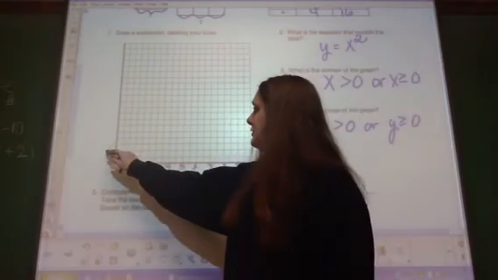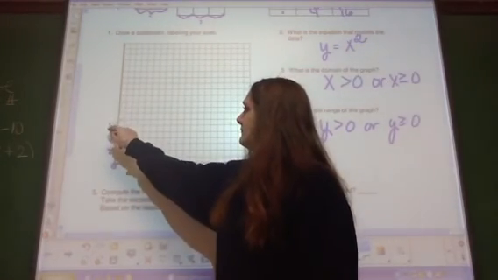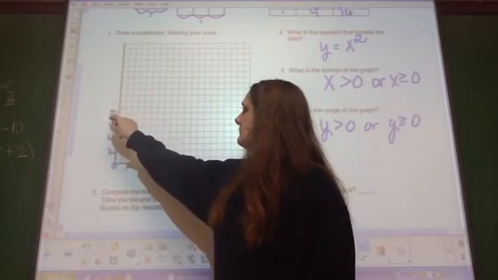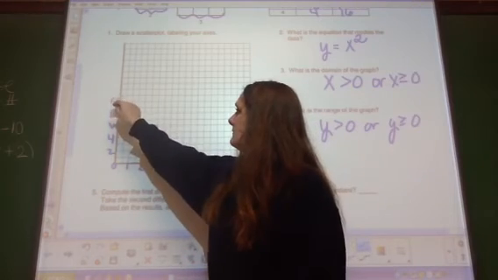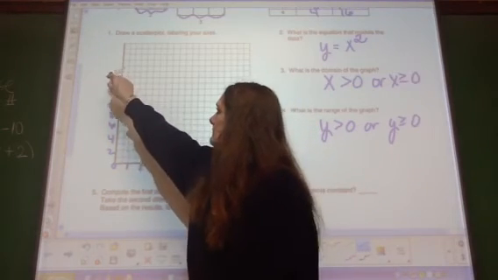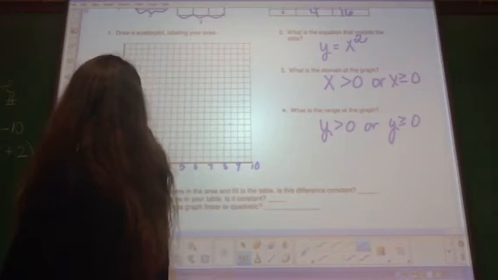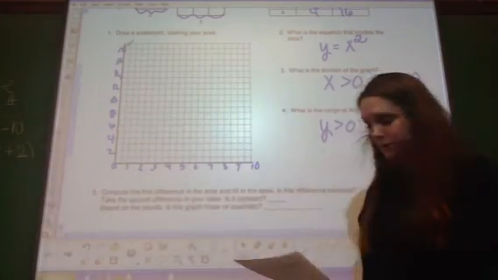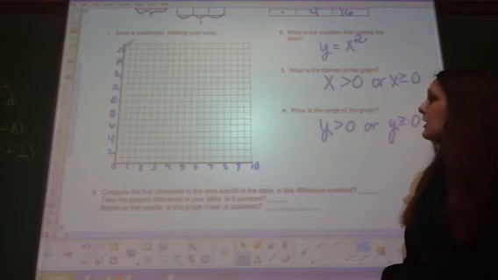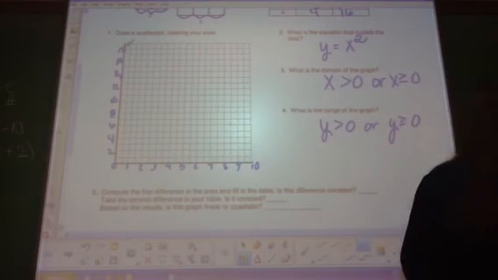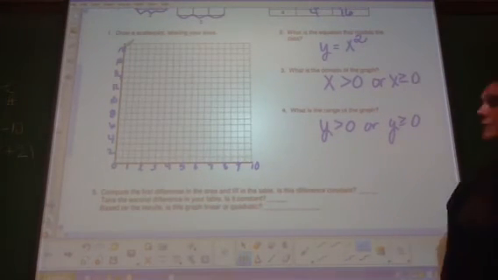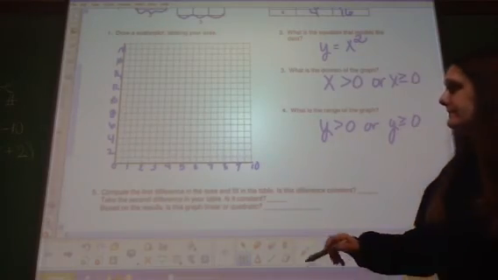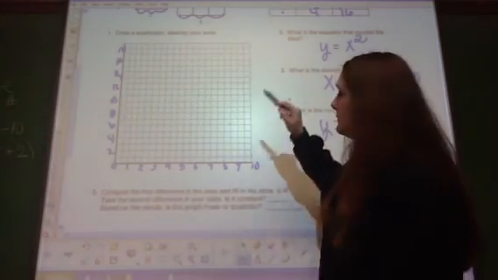And then up here we have 2. So plot your points on here, and we want to see what the parabola looks like. So we're plotting the ones from the chart there.